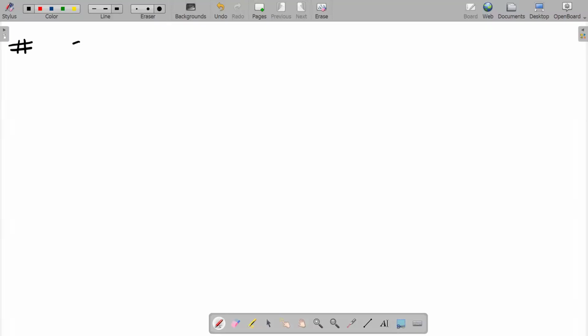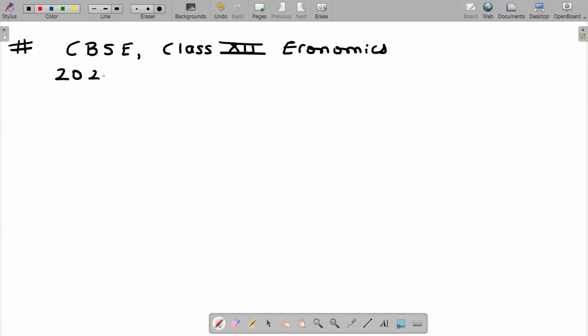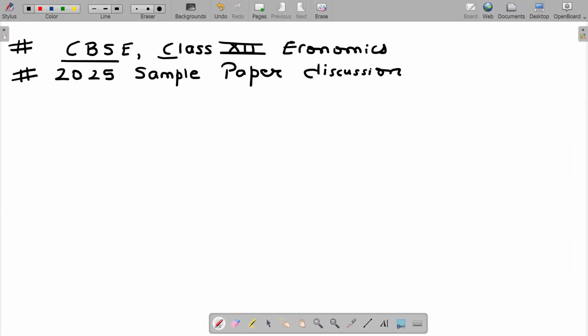We are looking at CBSE class 12 economics, 2025 sample paper discussion, and we are looking at section A of this question paper.